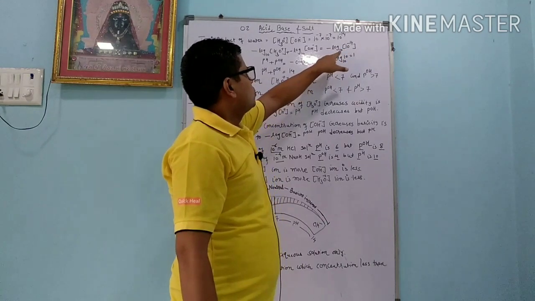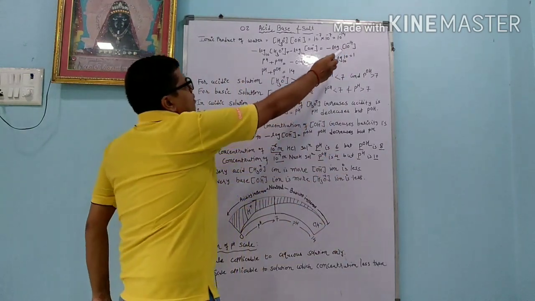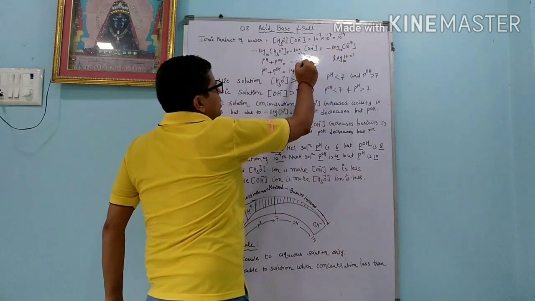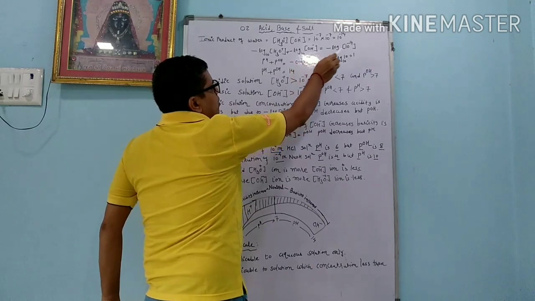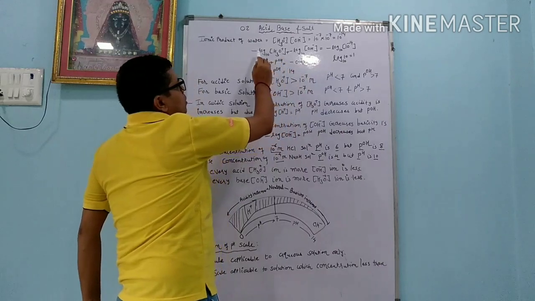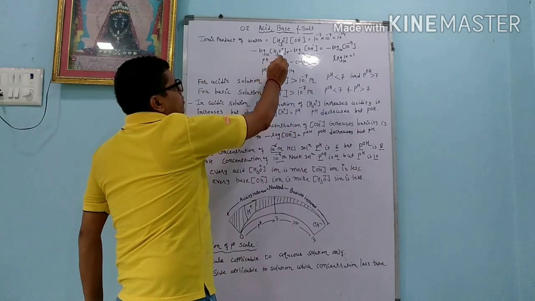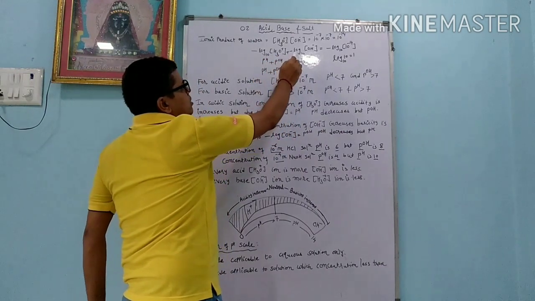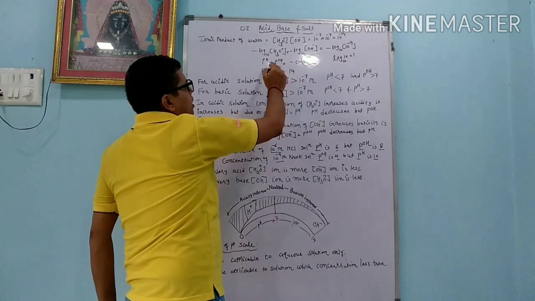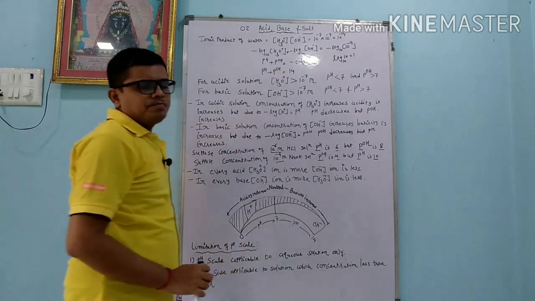So here this minus 14 comes down, and it becomes minus minus, plus 14. Log 10 base 10 is 1, so 14 is here. Minus log 10 concentration of H3O plus ion is pH, minus log 10 concentration of OH minus is pOH. So we can write pH plus pOH equals 14.